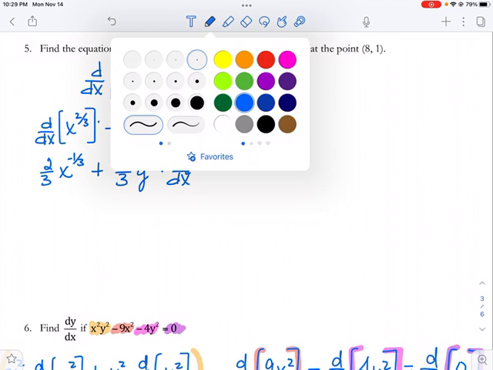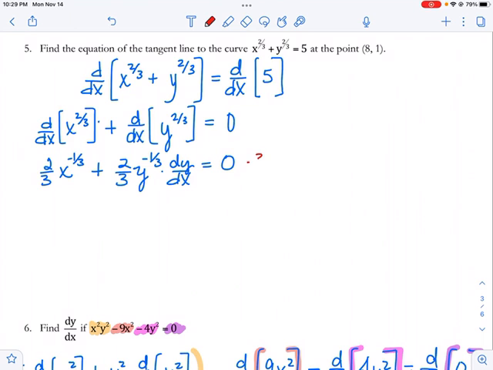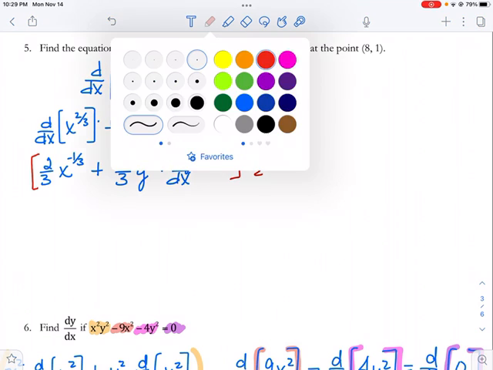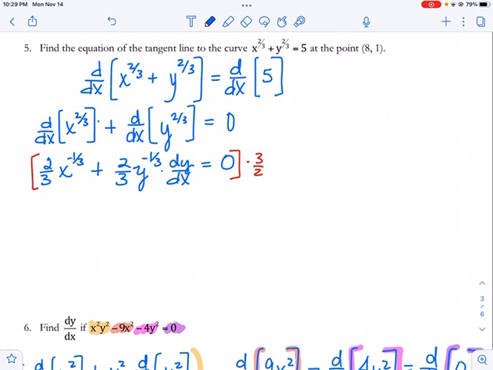If we multiply through by 3/2, we can get rid of the constant factors, and it makes our job easier, because it's going to end up dividing out anyhow. So then we get the following. If we multiply the first term by 3/2, we get x to the negative 1/3, plus y to the negative 1/3 dy/dx equals 0.